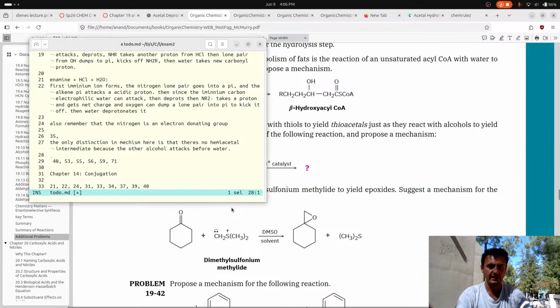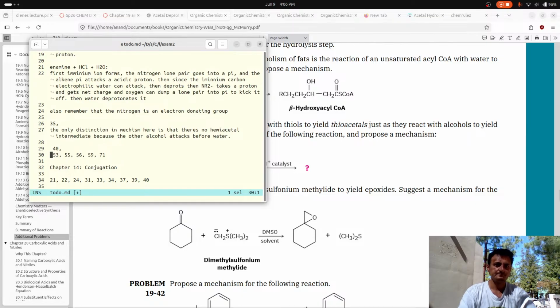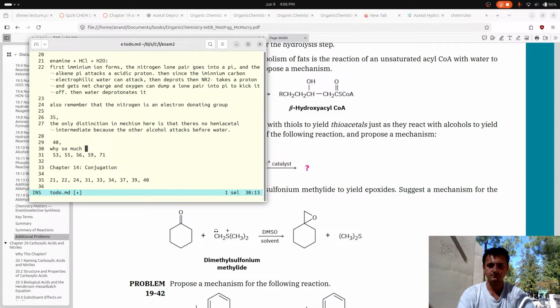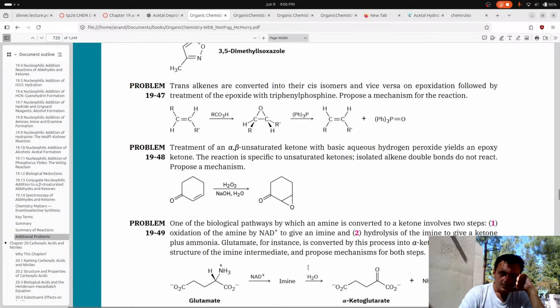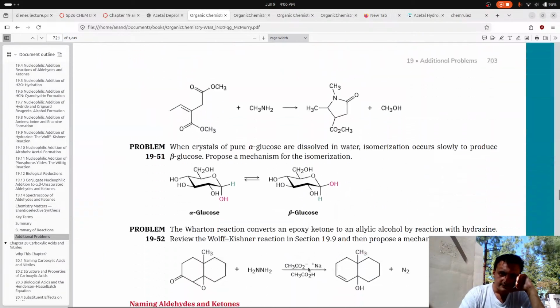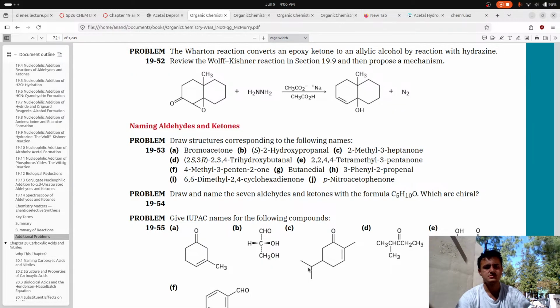Oh no, you lied. Naming, okay. Ooh, okay, naming is actually good. Bromoacetone.